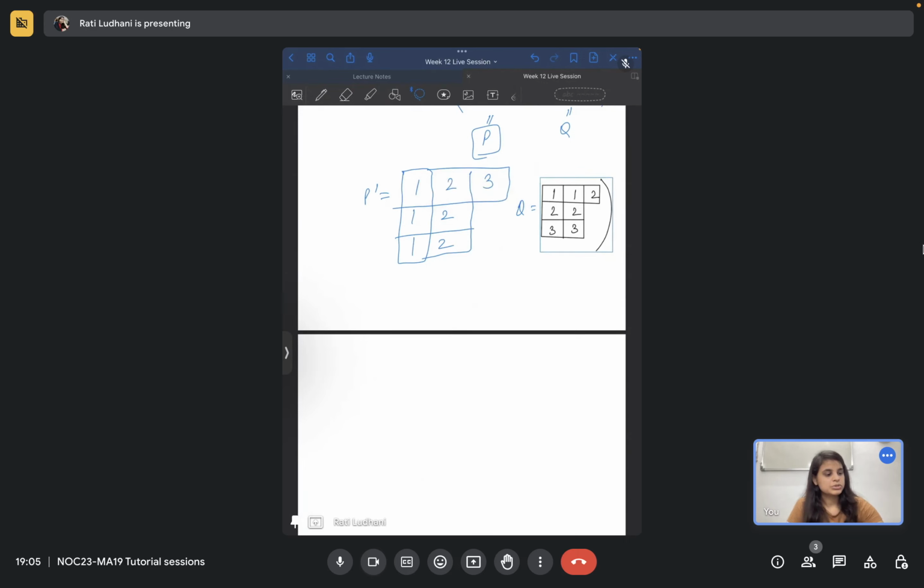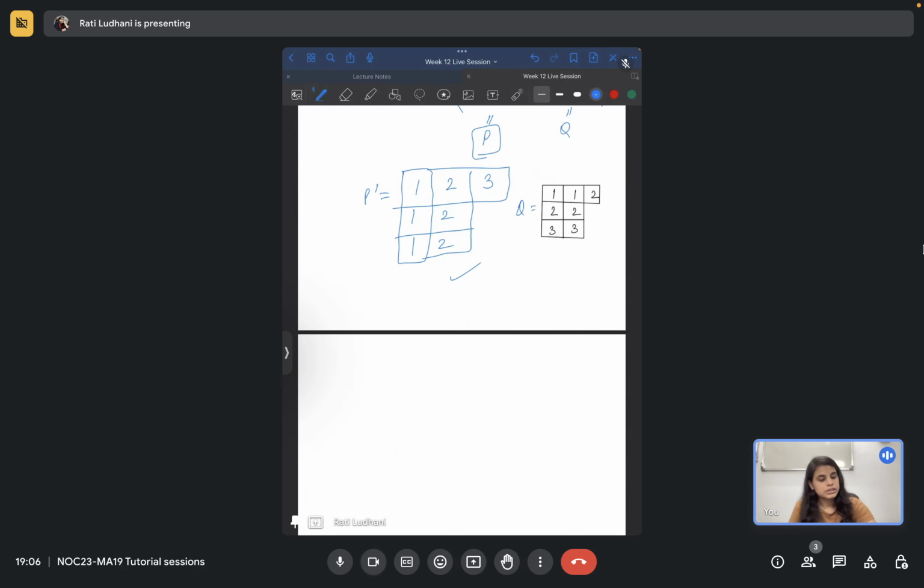So this is P dash and this is Q. Because we did the transpose to find P, we need to do the transpose again to get back the matrix. Again, what we have inserted, we need to remove. That is the process. So now you have P dash and Q.